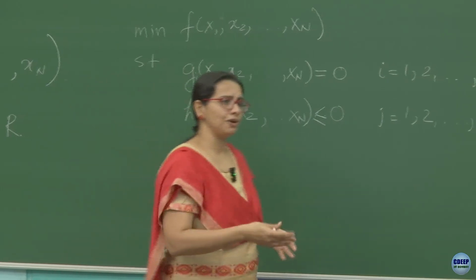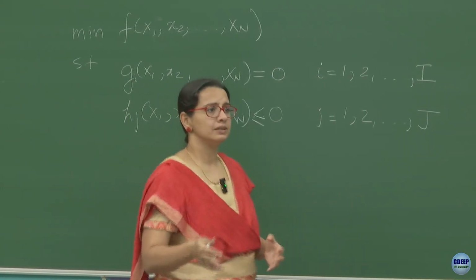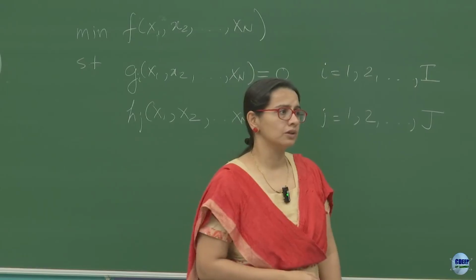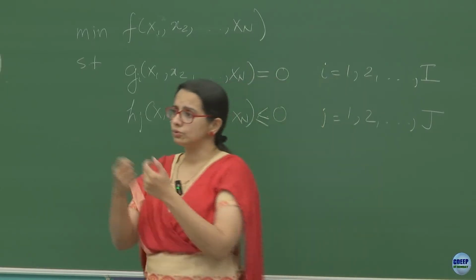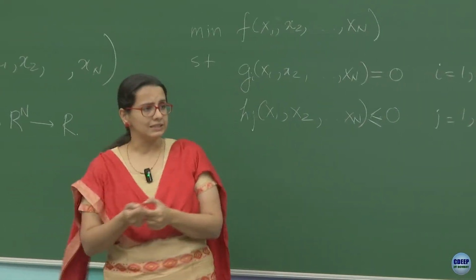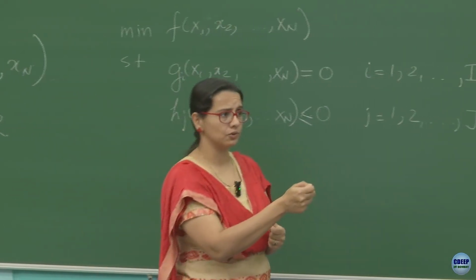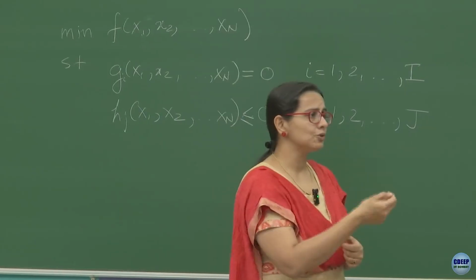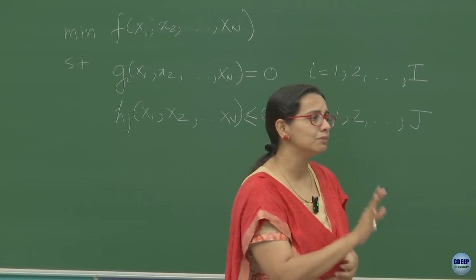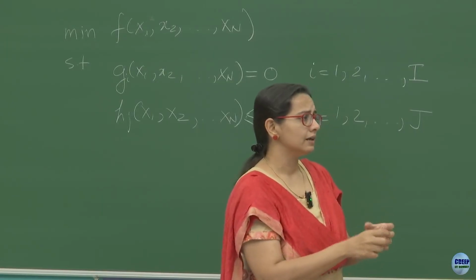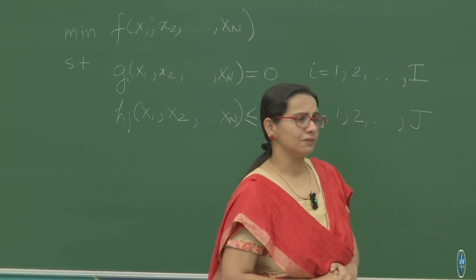Let's put it in context. Let's look at an example that is close to this course. We have two generators. We want to decide how to run these generators at minimum cost, okay? And when I say how to run, I mean at what points to operate these generators at minimum cost so that a particular demand gets satisfied.